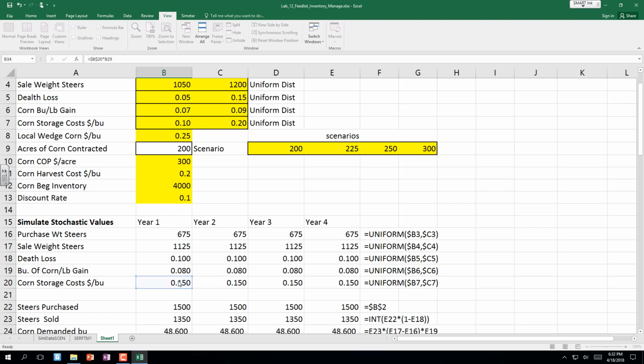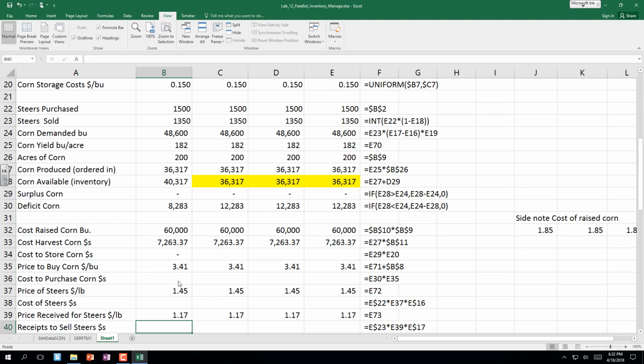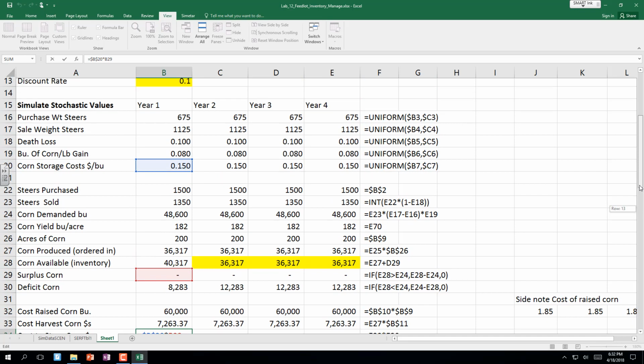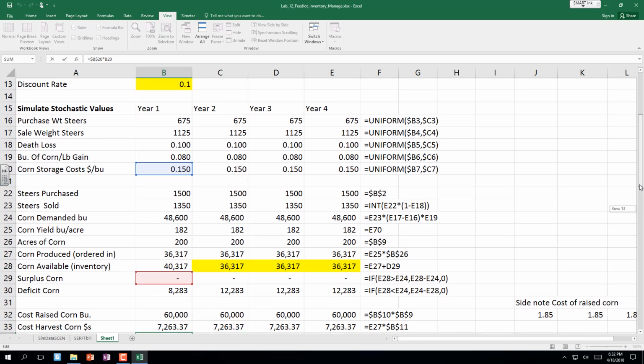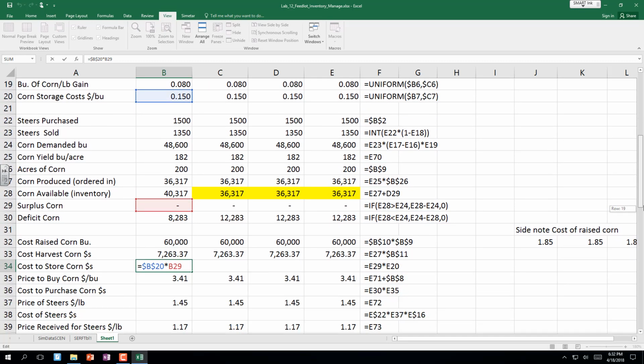And it's going to be stochastic because why? Electricity cost is stochastic. And I edited the wrong formula there. Storage cost, surplus. And I don't want a dollar lock on that.